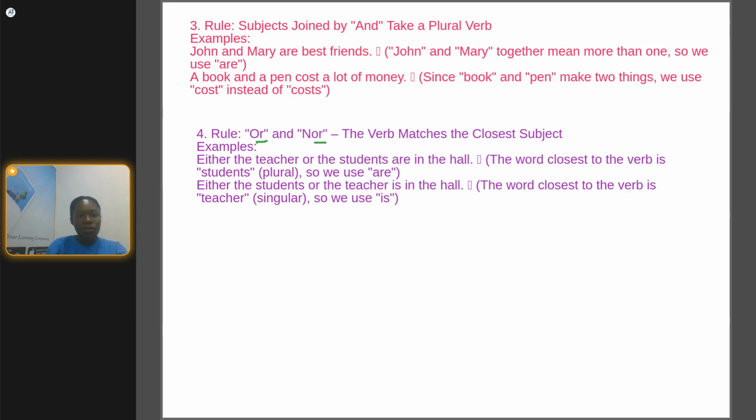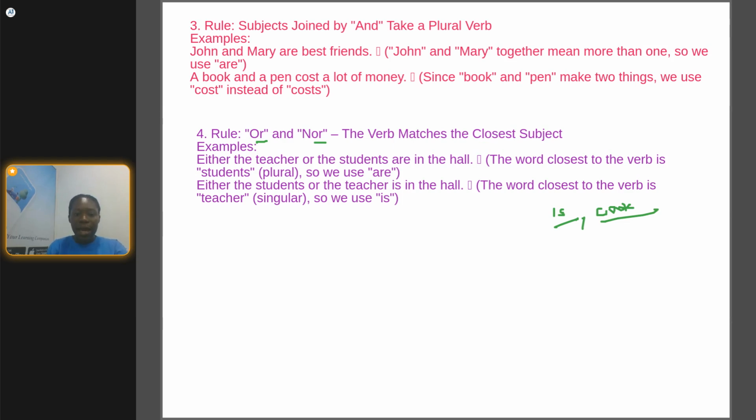Okay, so the verb matches the closest subject. When we're talking about verb, you could be talking about helping verb, modal verb, etc. You could have verbs like is. You could have a normal verb, action word, cook, etc. So it says the verb matches the closest subject.